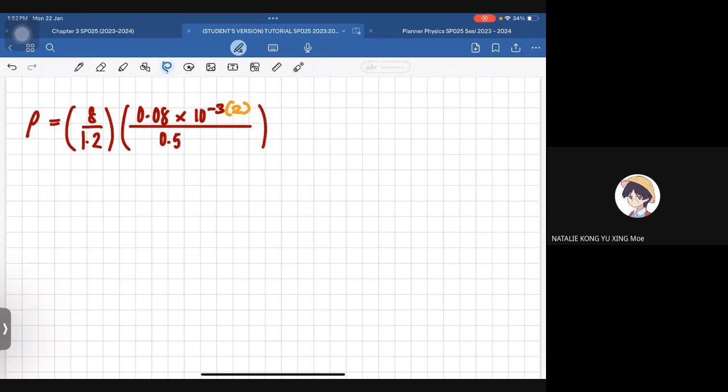Sayang, betul sudah solution. Tapi tersalah bahagian prefixes. So ingatlah mesti consider dia square kah, dia cube kah. Kalau dia cube kamu substitute lah dia 3 di sini. Okay. Yang penting prefixes pun kamu kena ingat lah. Mili tu negatif berapa, pico tu negatif berapa, nano tu negatif berapa. Macam tu lah.